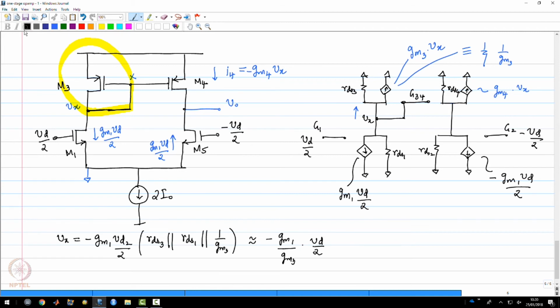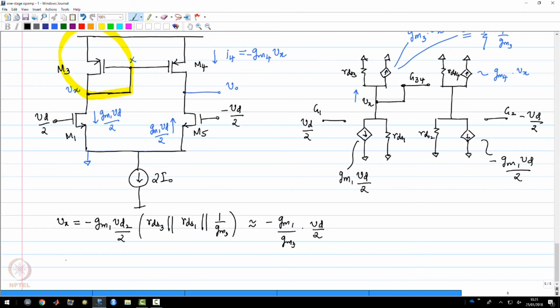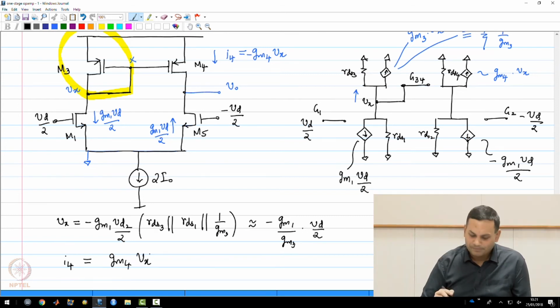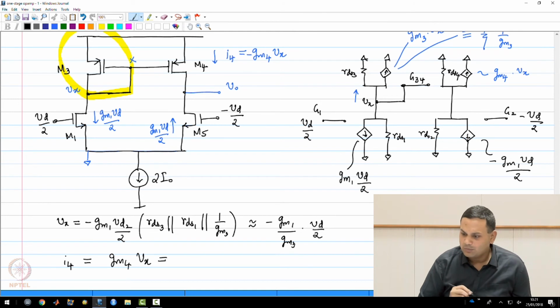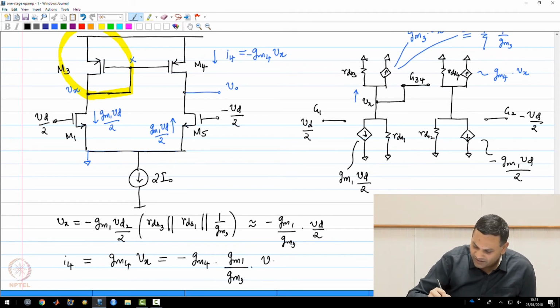So I4, the small signal current through M4, is now Gm4 Vx flowing upwards, which happens to be minus Gm4 into Gm1 by Gm3 into Vd by 2.